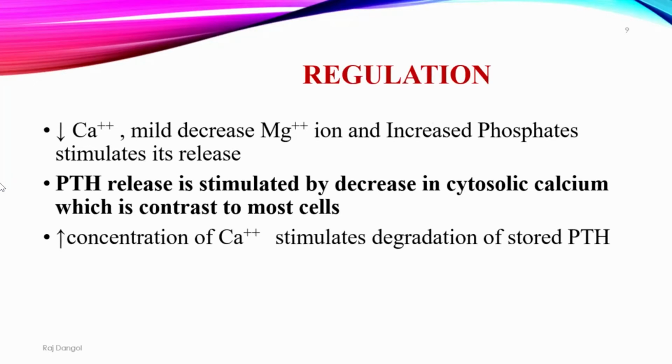In the case of other peptide hormones, exocytosis from the gland takes place when there is an increased calcium concentration in the cell, and this is the contrast to that function. The release of parathyroid hormone from the secretory vesicles is only possible when there is a decreased concentration of calcium in the cytosol, that is, in the cell.